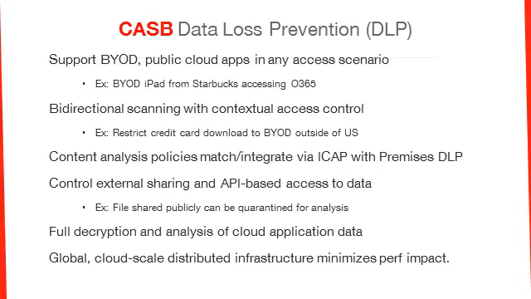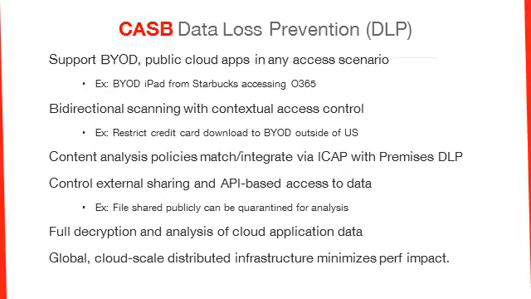So what a CASB enables you to do is distinguish between managed and unmanaged devices and apply contextual DLP, understanding the type of device, the context, where they're accessing the data from, what location, the role of the employee in the organization, and to apply policies based on those criteria. That is more valuable than having a blanket policy, especially when it comes to securing access on unmanaged devices on an unsecured network.